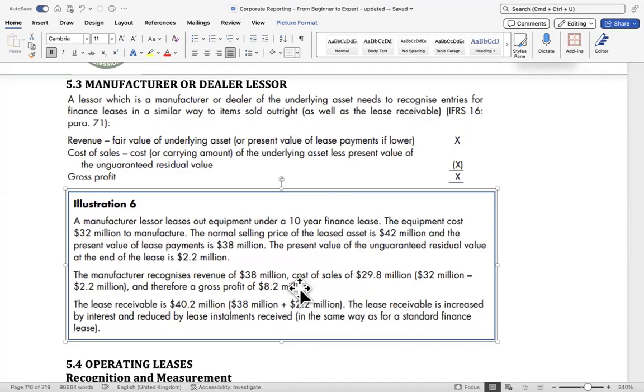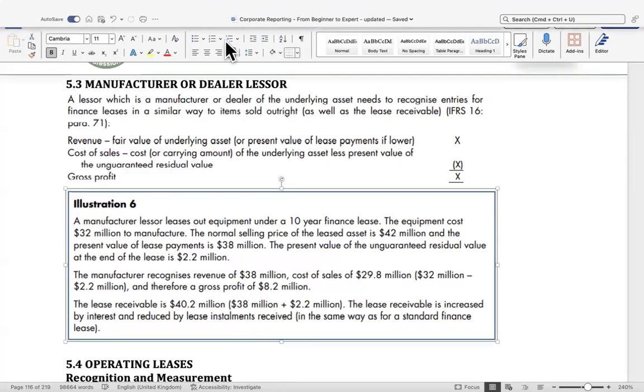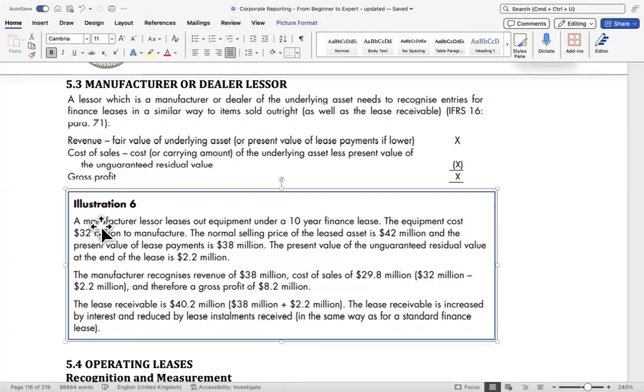As a manufacturer or dealer lessor, you must recognize gross profit. And when you have done that, then you can go ahead and recognize your lease receivable or net investment in the lease. In this same scenario, that will be 40.2 million, being the present value of the lease rentals, which is 38 million, and also the present value of the unguaranteed residual value, which is 2.2 million.